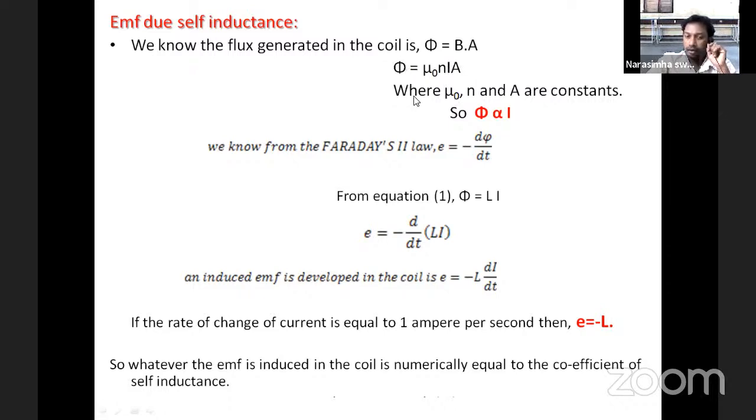So phi is proportional to I. Then from Faraday's second law, E is equal to minus d phi by dt.